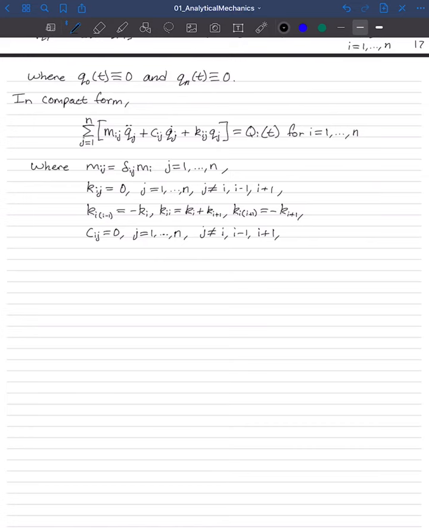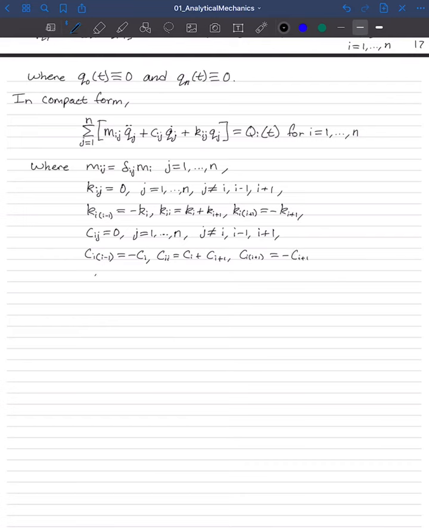And then c_i,i-1 is going to be equal to minus c_i. c_ii is equal to c_i plus c_(i+1), and c_i,i+1 is equal to minus c_(i+1).